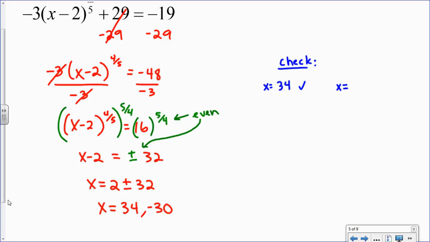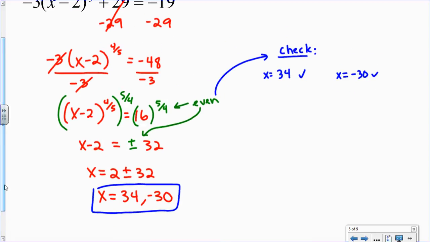They both work. But you should check them since you have an even root. You're getting it to work out. Okay. Questions about that?